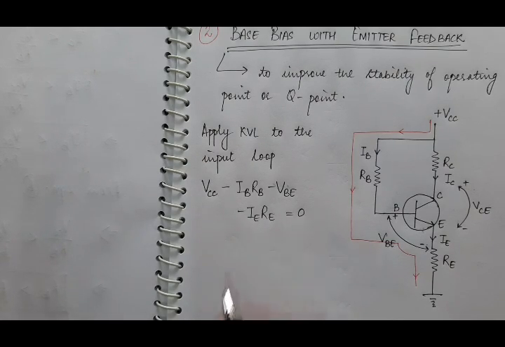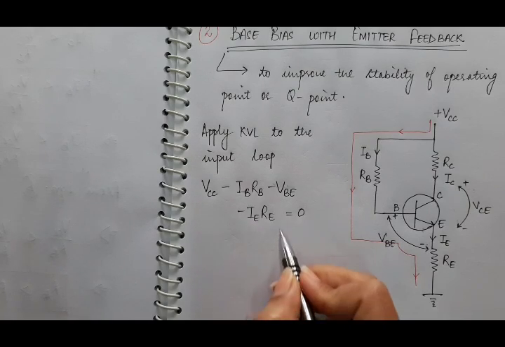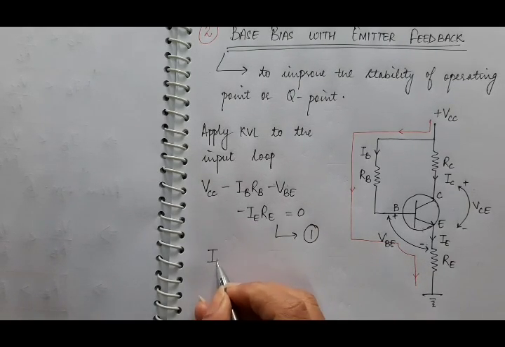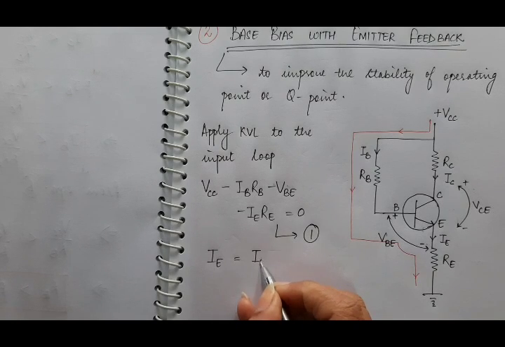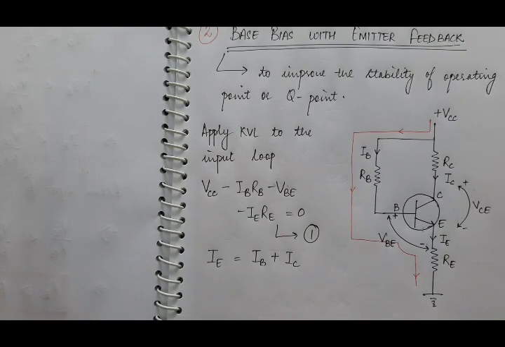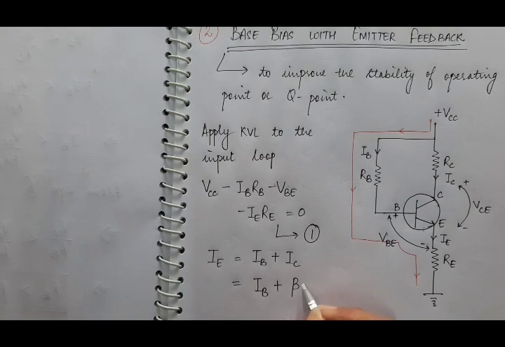How? We have IE here, suppose this is equation number 1, and we know that emitter current is the sum of base current and collector current. And further, as we are using common emitter transistor, in common emitter transistor this IC is beta times IB.